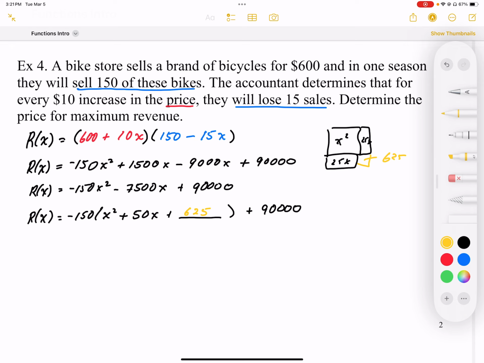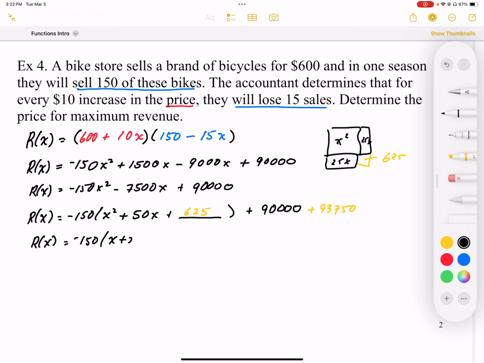Now I need to balance that. When I multiply negative 150 times 625, I get negative 93,750. So to balance that, I need to add 93,750. So now I've completed the square, I've balanced my equation, so I can rewrite it in its vertex form.